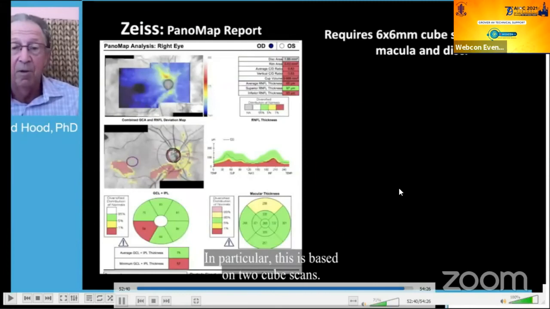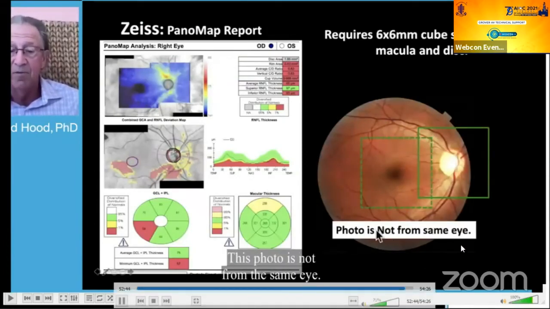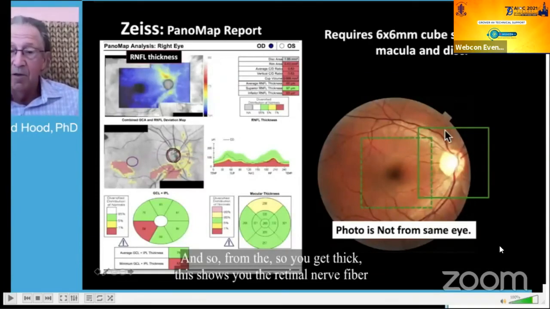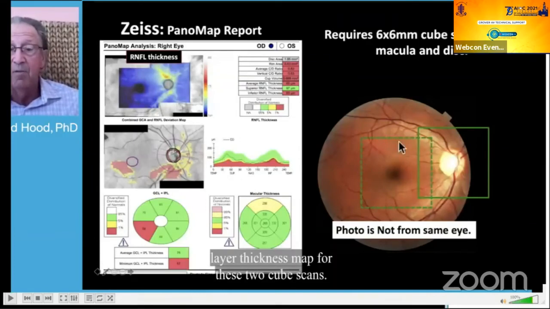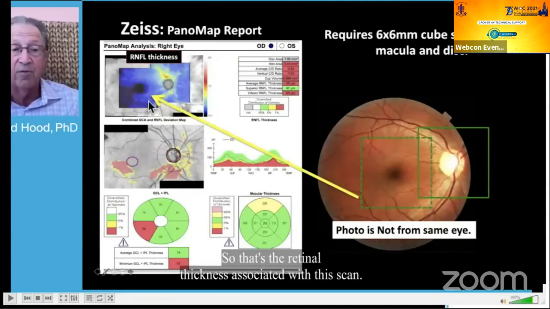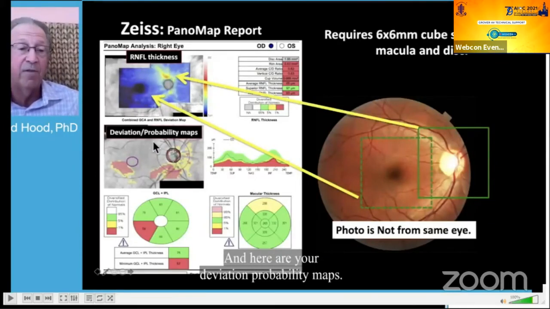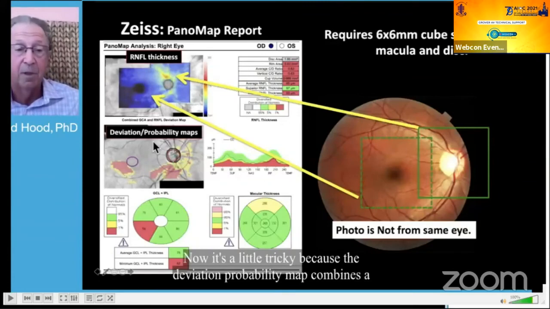In particular, this is based on 2 cube scans. This photo is not from the same eye. This shows you the retinal nerve fiber layer thickness map for these 2 cube scans. So that's the retinal nerve fiber layer thickness associated with this scan. This is the one associated with that scan. And here are your deviation probability maps.